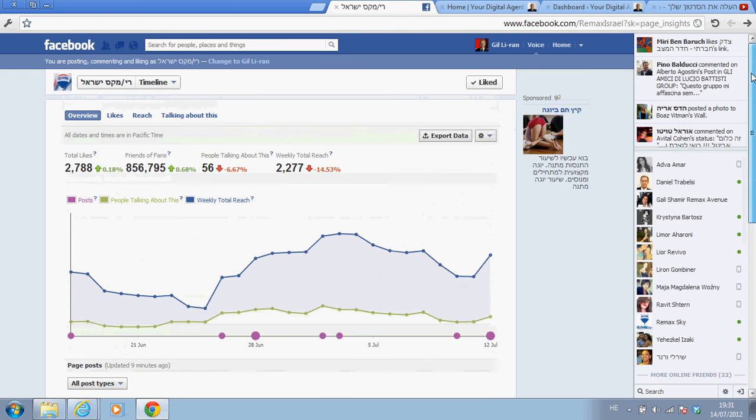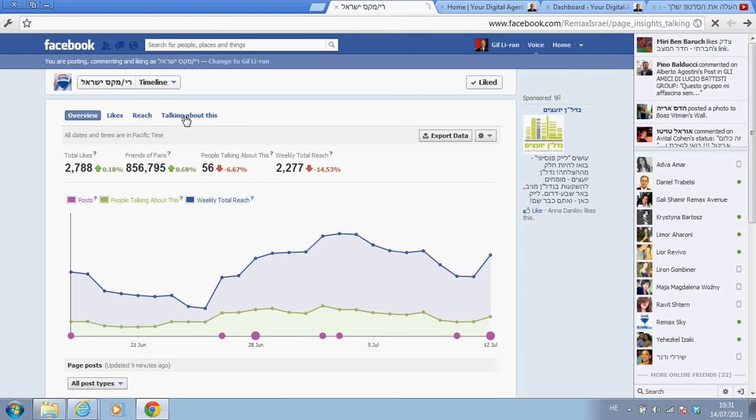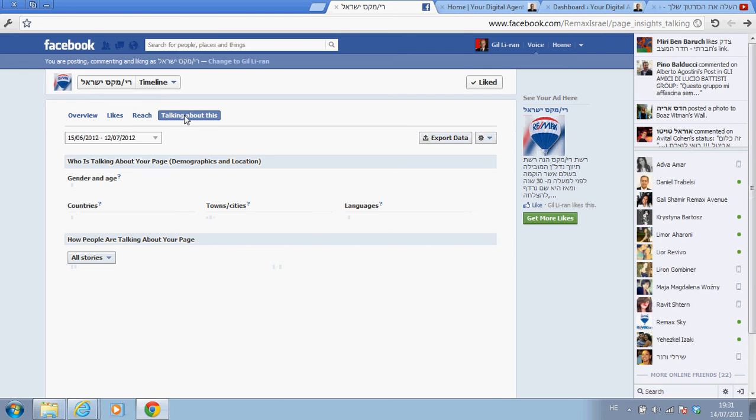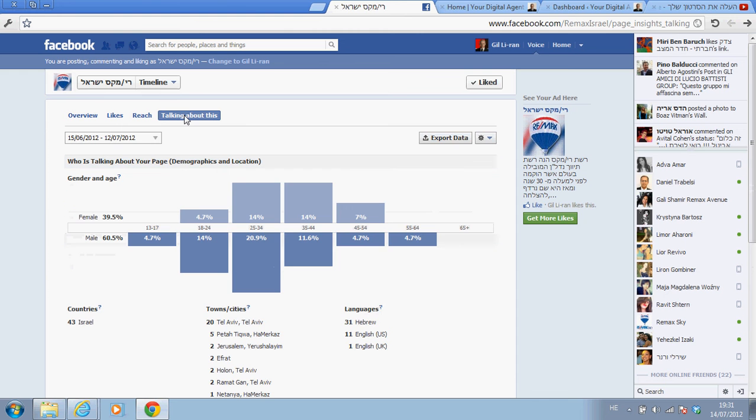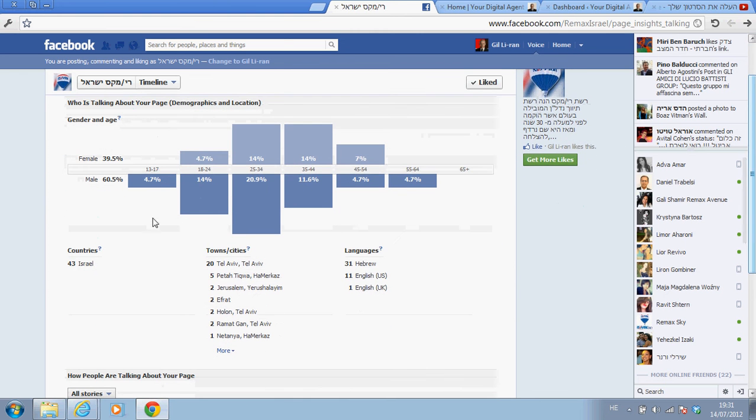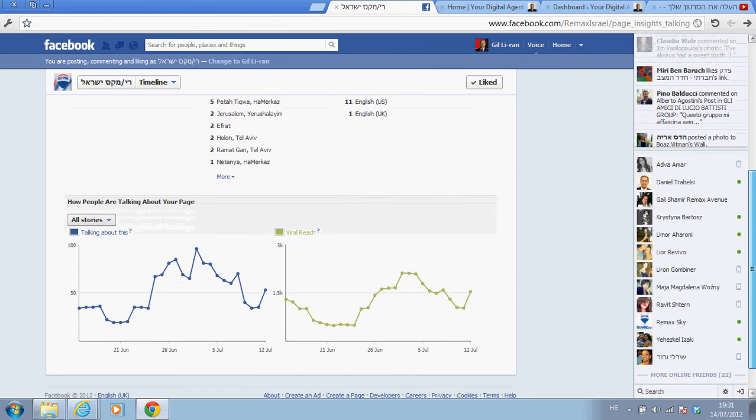Now, some other statistics, and I'm not going over all the details here, but you can really break it down, including under, let's say, the three most important headers, which is likes, reach, and talking about this. And for me, this is the most important part, because this measures interaction, and this interaction is measured according to gender and age, countries, various parameters.